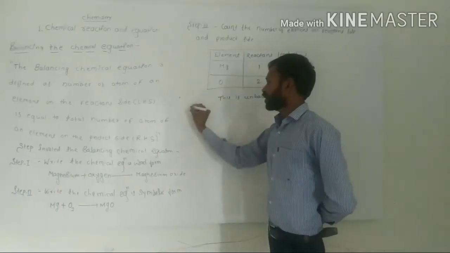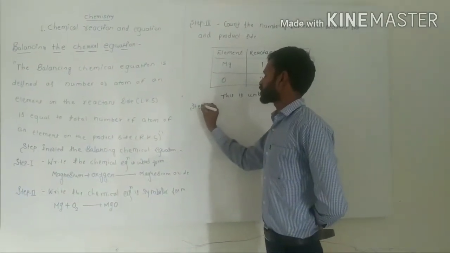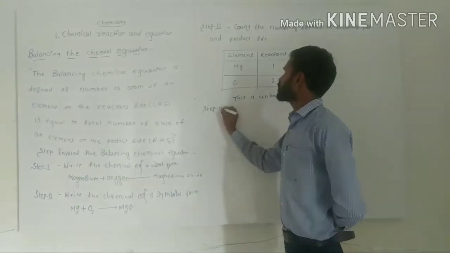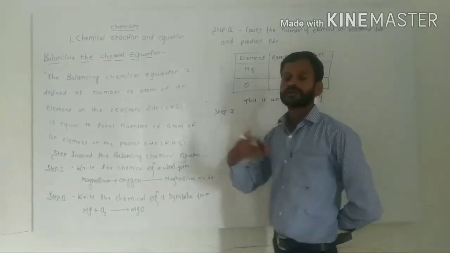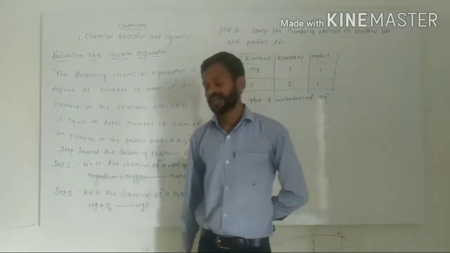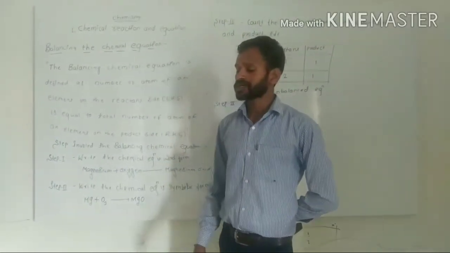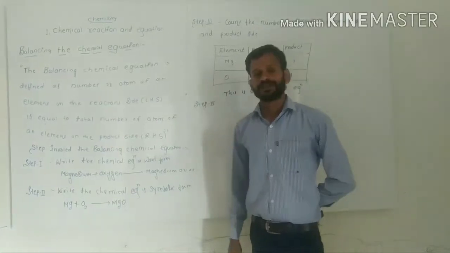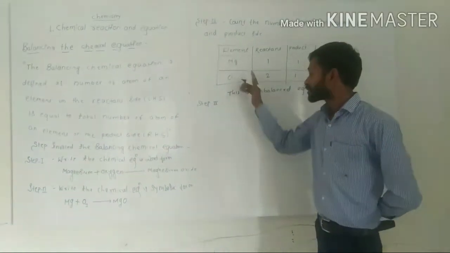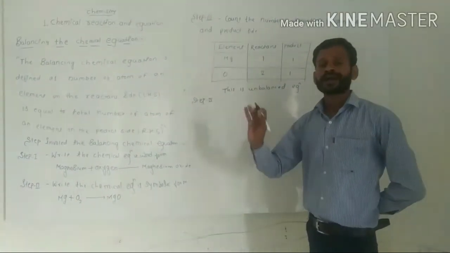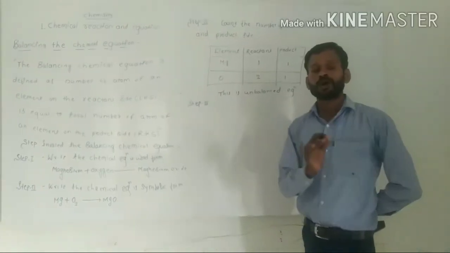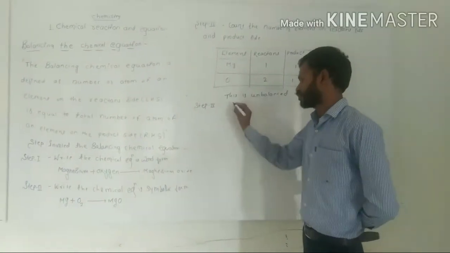Now this unbalanced equation is converted into a balanced one. So to balance the chemical equation, write the reactant as well as the product in boxes.